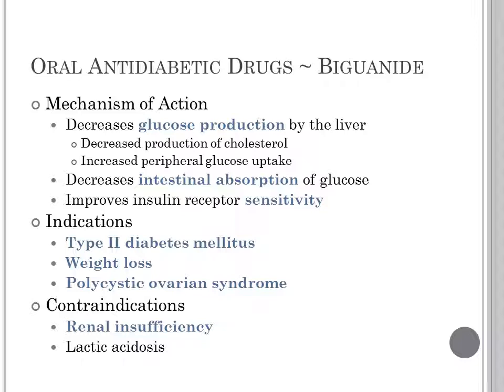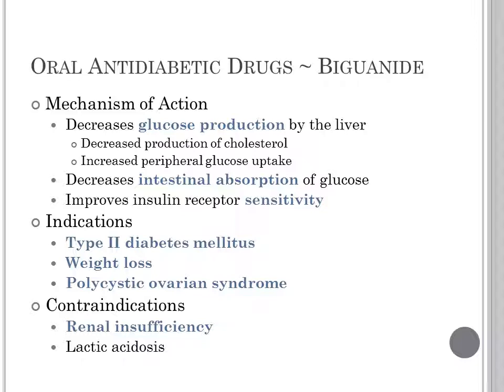If one doesn't work for the patient, then they'll do two different agents, and you'll see some of them are used in combination with each other. If they select two types of oral agents, they need to find two that have different mechanisms of action. If those two agents together don't control the blood sugar, that's when they'll start introducing insulin to the type 2 diabetic patients. So just with that in the back of your mind as we move forward, that's where these kind of fit into the picture.